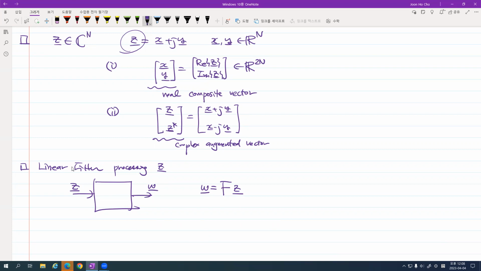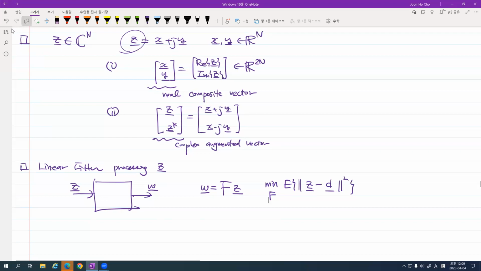For example, I'm given a complex vector Z, and I'm comparing it with a complex desired vector D, and I want to minimize the mean squared error, and I want to find such a matrix F, right? Then this matrix F is called the linear minimum mean squared error filter matrix, right?